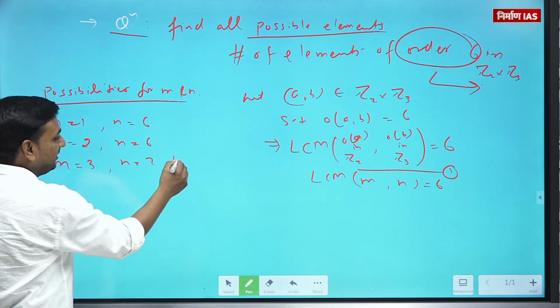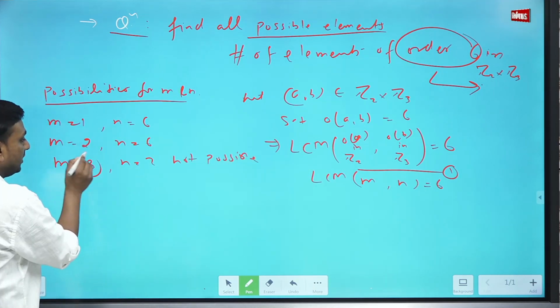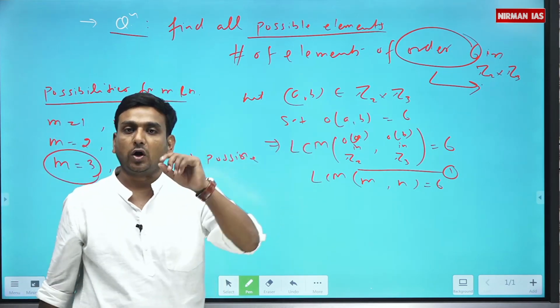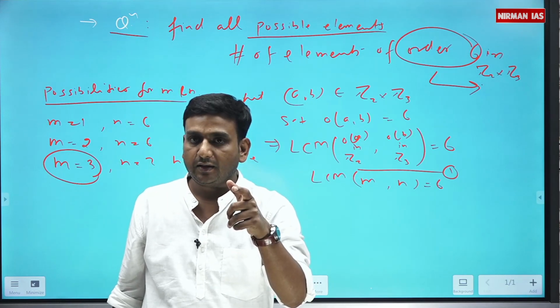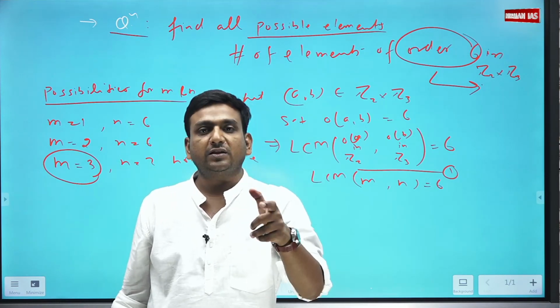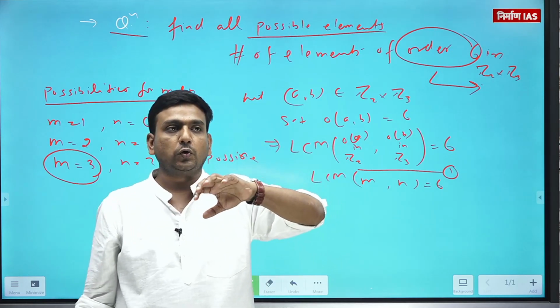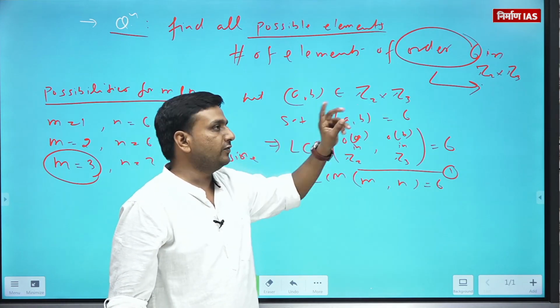Is it possible? Not possible, because an element of order 3 in Z2 is not possible. Please make it a point. We will deal with this in the Lagrange theorem as well: if you want to know the possible order of an element, then that order must divide the order of that group. So the order of Z2 is 2.